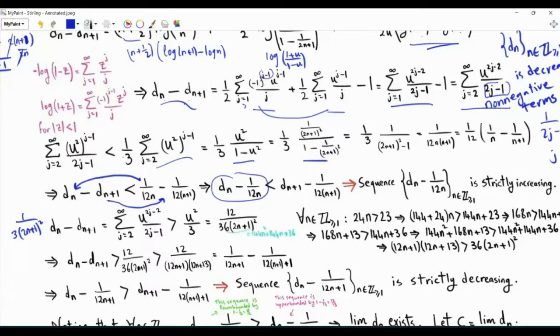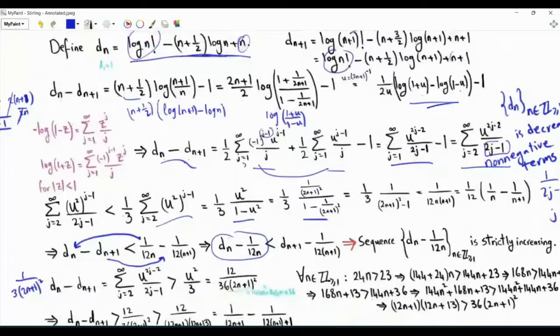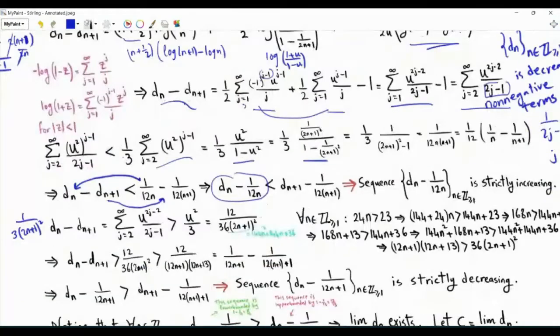The idea here is that when we had the upper bound, we got those nice terms: dn minus 1 over 12n is a strictly increasing sequence. So we are trying to have something that looks like this. This is the motivation to modify this lower bound by saying that this term here is strictly greater than this term here.